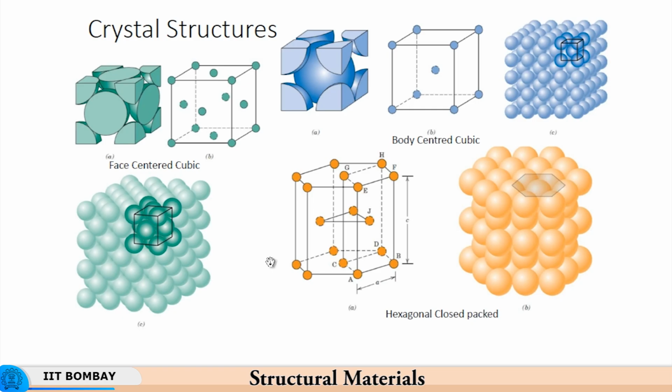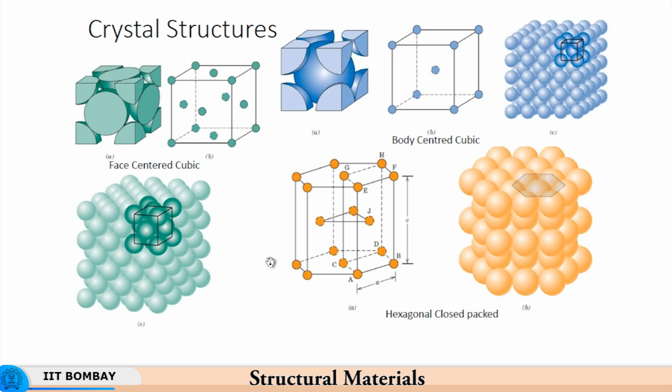So this cubic structure is also called a unit cell, because you replicate this n number of times and you get a 3-dimensional structure out of it. You can visualize this being replicated in all 3 directions, and then you get a 3-dimensional metallic structure of FCC nature.